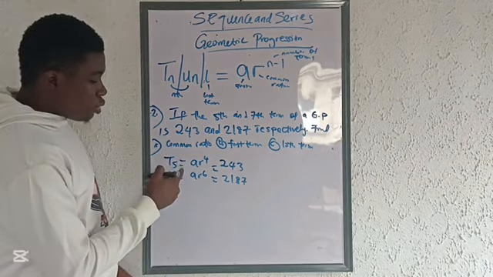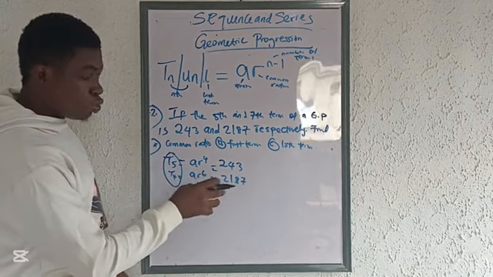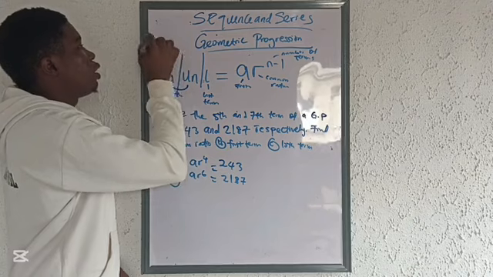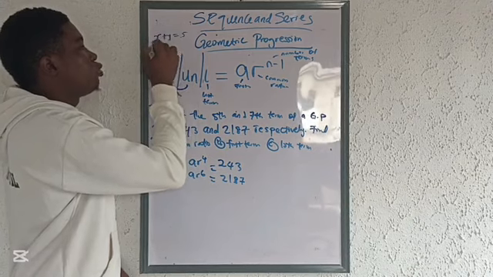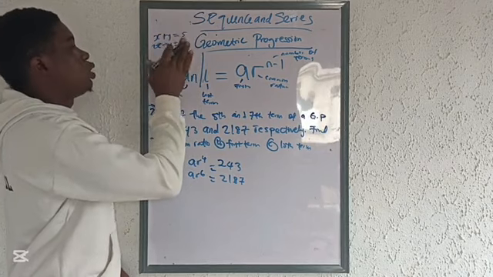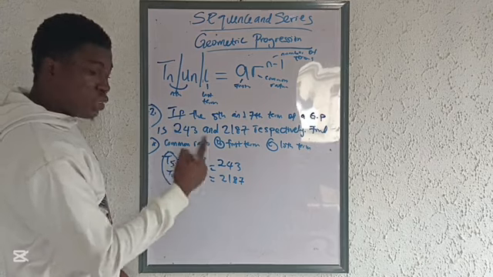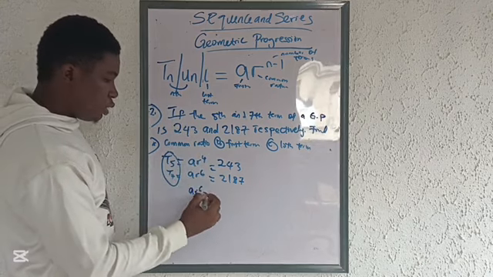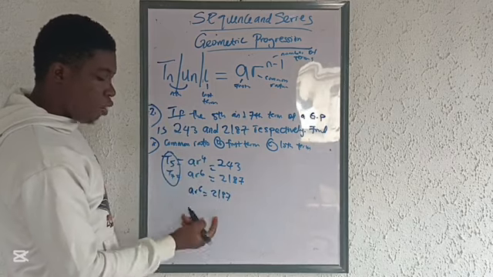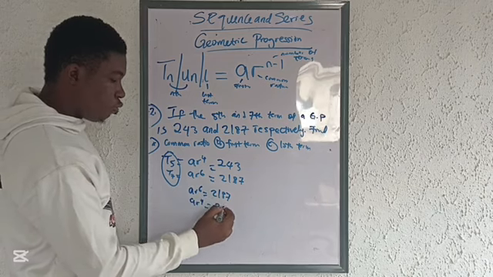We just need these two parts. We're going to do it like a simultaneous equation. You know when you have x plus y equals 5, 2x minus 3y equals 9, we solve simultaneously. So bring the seventh term up, ar^6 equals 2187. Bring t5, the lowest one, down, ar raised to power 4 equals 243.